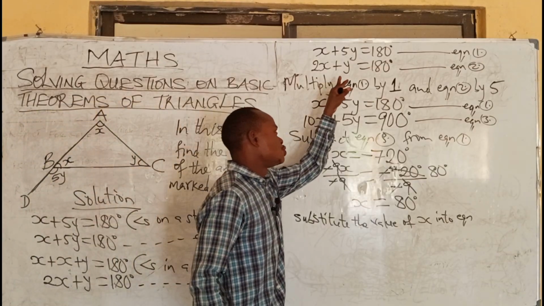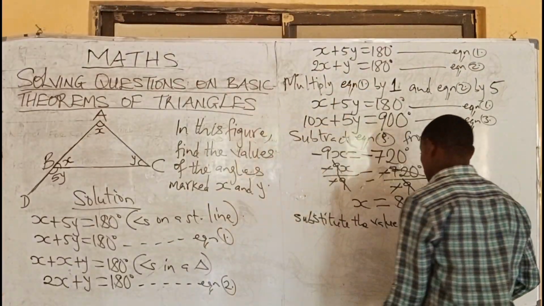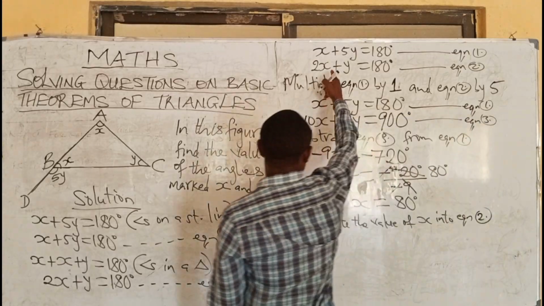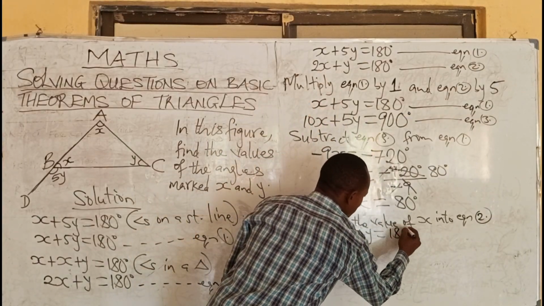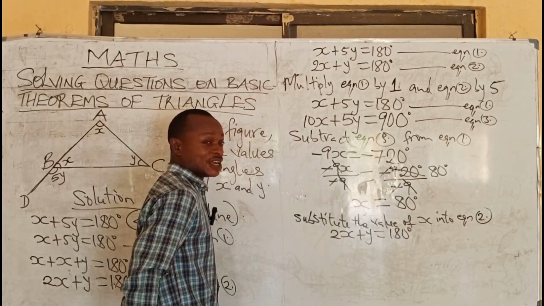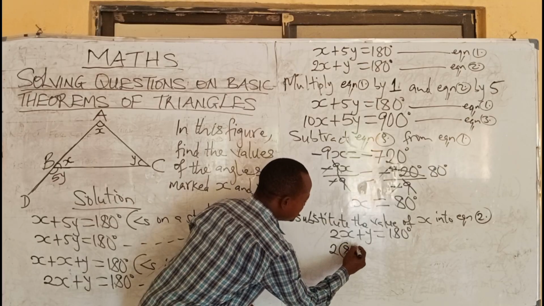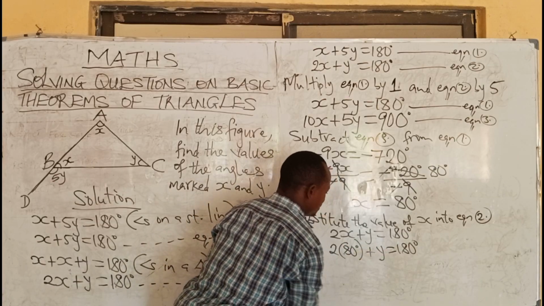I want to use equation 2 since the coefficient here is 1, to make it shorter. Equation 2 is 2x plus y equal to 180 degrees, and our x we have found to be 80, so we replace x here with 80. That would be 2 into bracket 80 degrees plus y equal to 180 degrees.